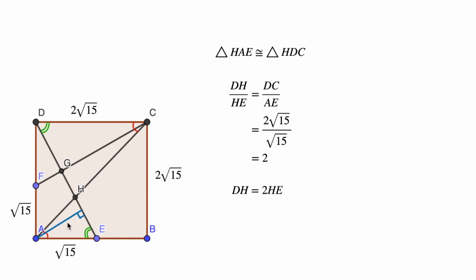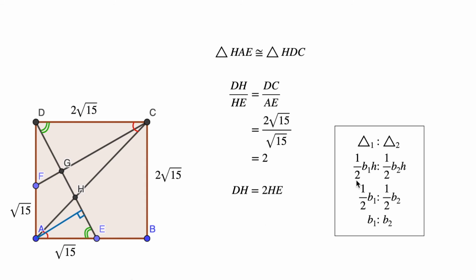Like this blue line here would become the altitude if DE were the base. This means since they have the same height, the ratio of their areas would be the same as the ratio of their bases. Because area is half times base times height, since there's no difference in height, you can eliminate it, and you can also ignore the 1/2 that they both have, then all that remains is the bases that are different.